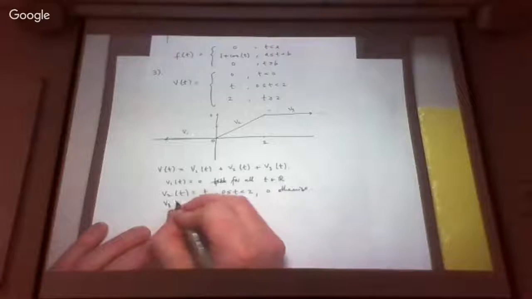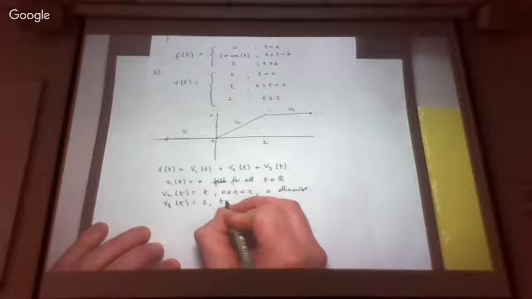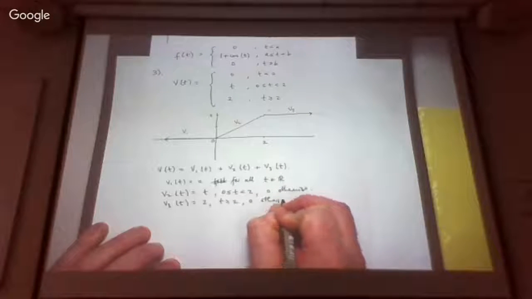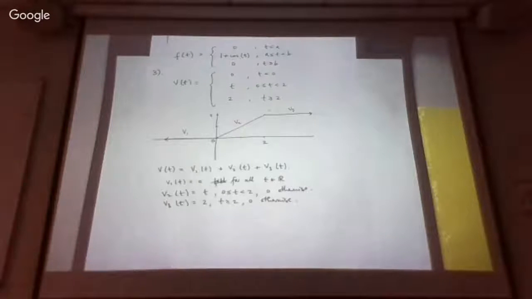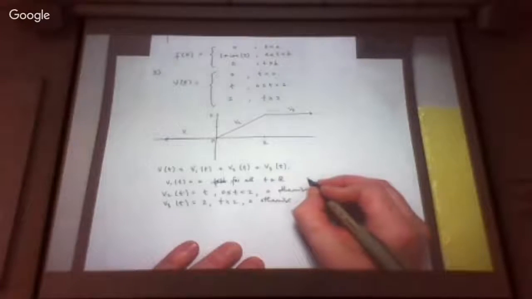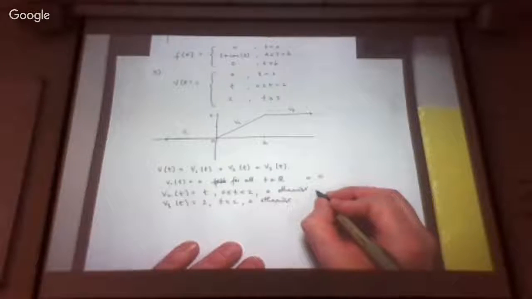And v3 is equal to 2 for t greater than or equal to 2 and 0 otherwise. So we just isolate the 3 different types of behavior, and each of these now can be expressed in terms of Heaviside step functions. This one is easy enough. It's just equal to 0 all the time. We don't need anything more to describe it.